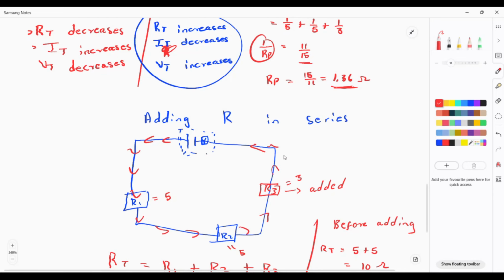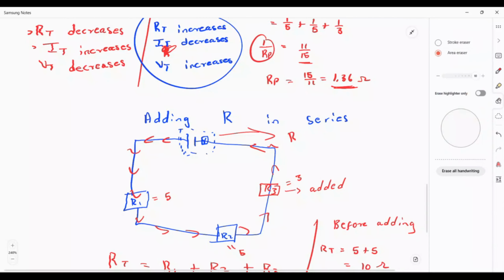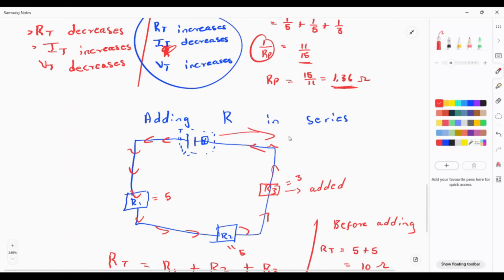But what I want you to know is that your internal resistance will always receive the total current. This is very, very important.